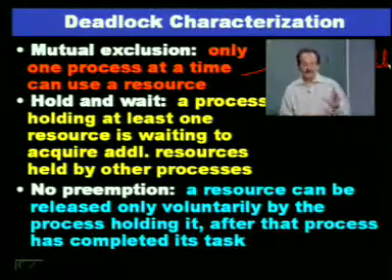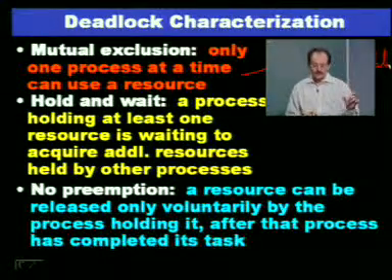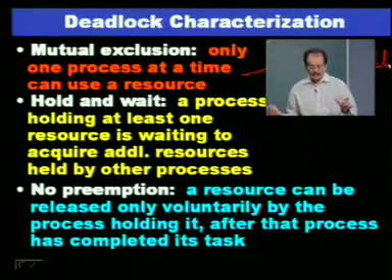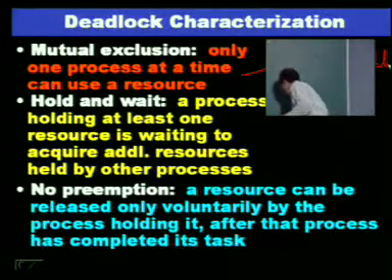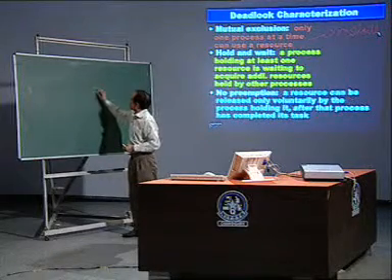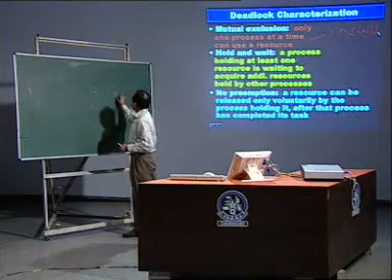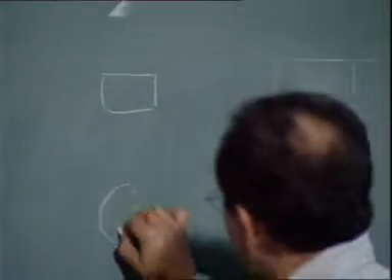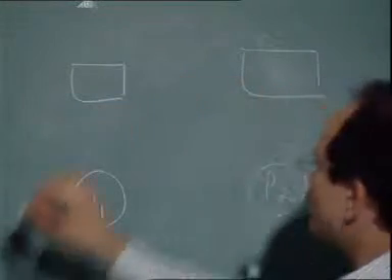Let us say one process is holding one resource which is to be utilized by the other process. Maybe I can explain it better on the board. Let us say there are two processes, P 1 and P 2, and these are the resources.